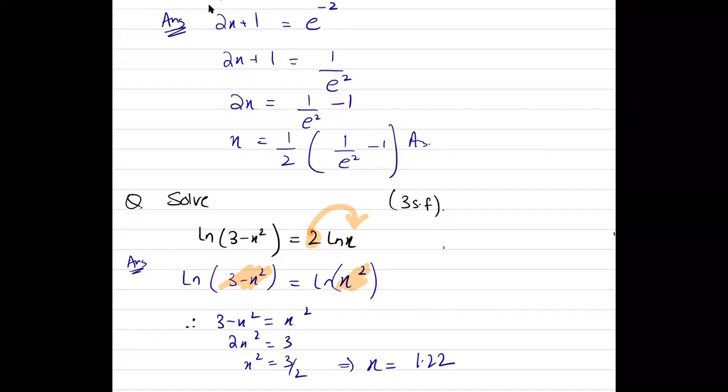I'm getting 1.2247. So in three significant figures, it's going to be 1.22.